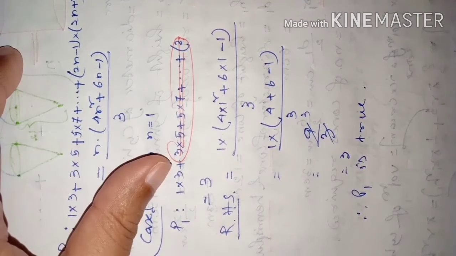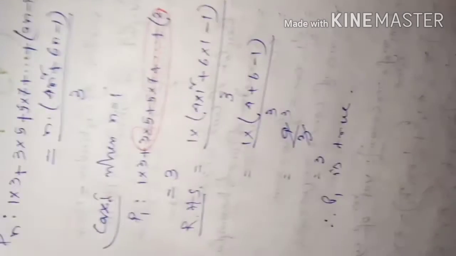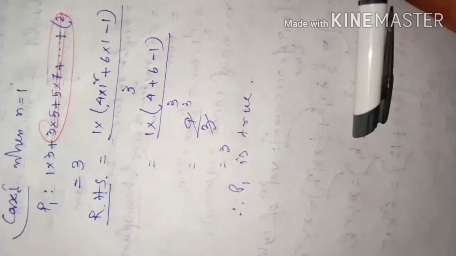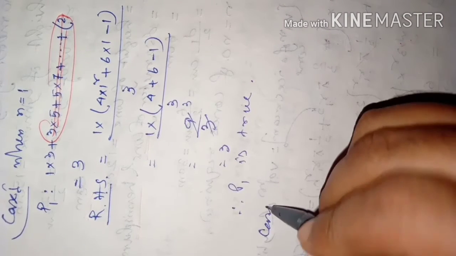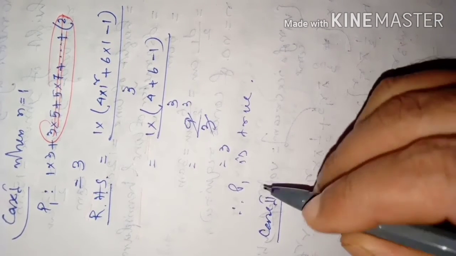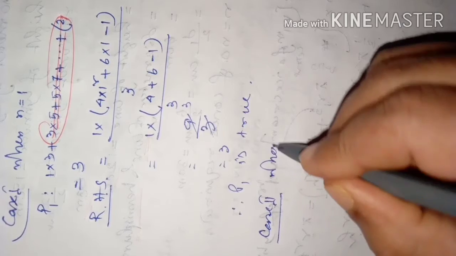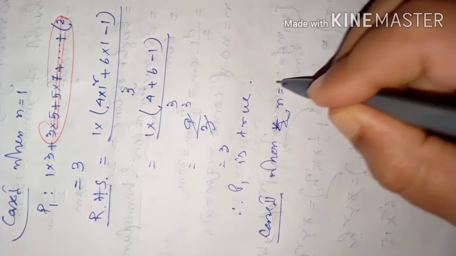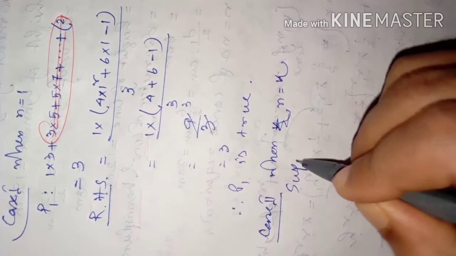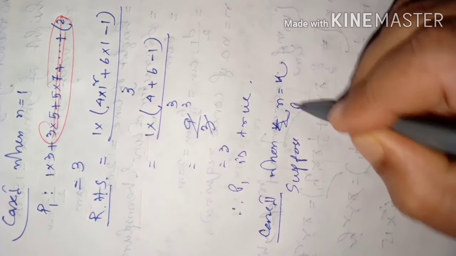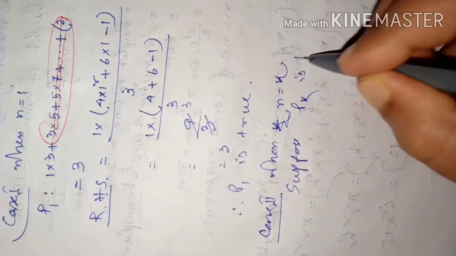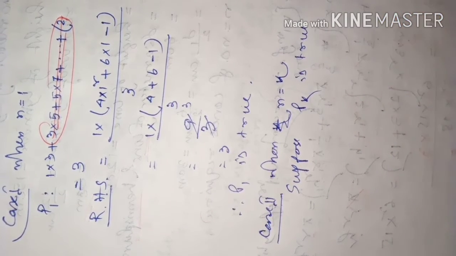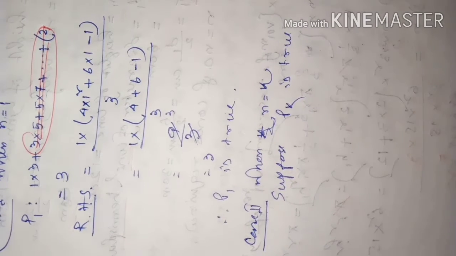P1 is true. Now the second situation: for n equal to k, we will suppose that the statement is true. Case 2. So when n equal to k, suppose Pk is true. K is some positive integer.